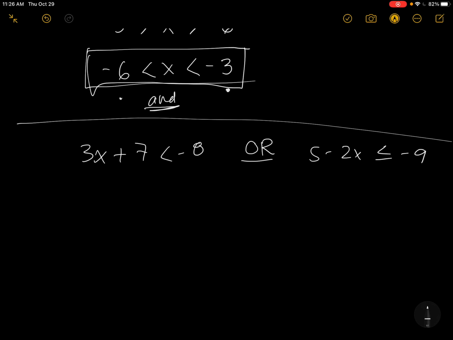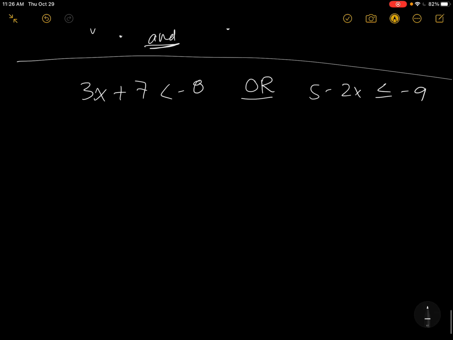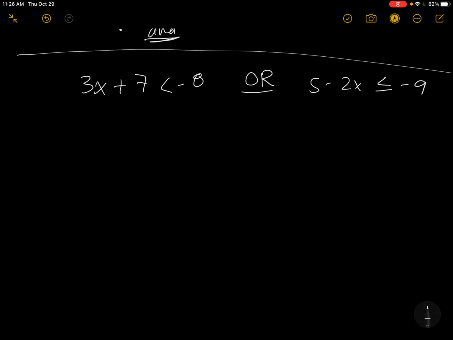Okay, so we'll solve these two and then graph them on the same number line. Okay, this is the same problem. We're saying x either follows these rules or it follows these rules. Okay, so let's just solve. And you'll see what I mean when I graph it.